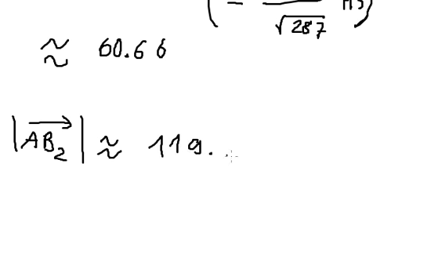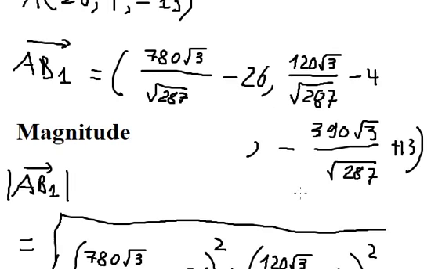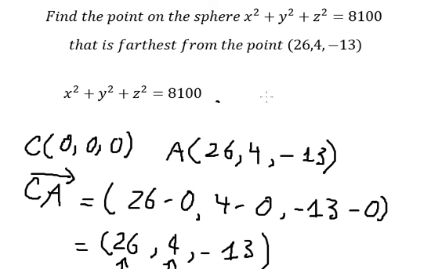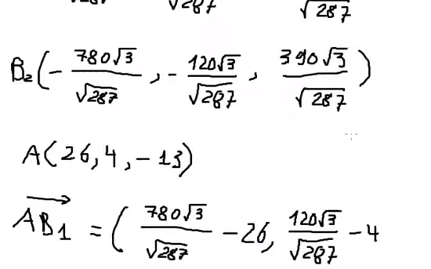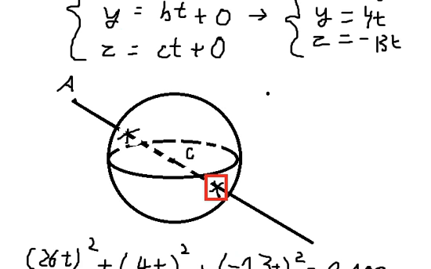If we subtract this value from this value, we can see that the difference between them is about 58.68. However, the radius of this one is 90, and 90 is greater than this one. That means the point A in here is inside the sphere.